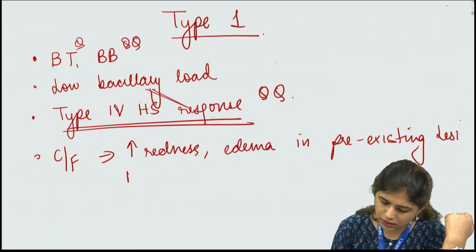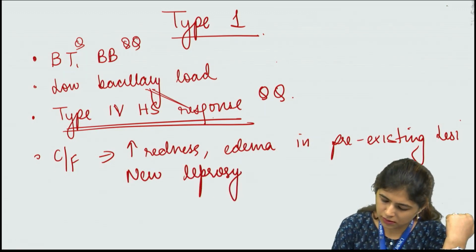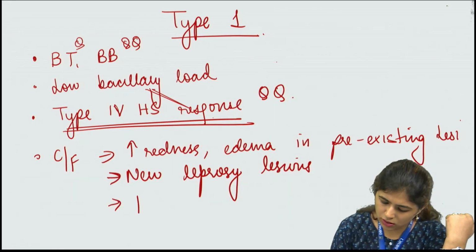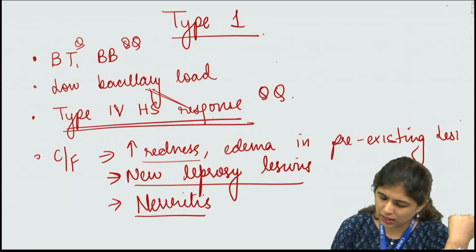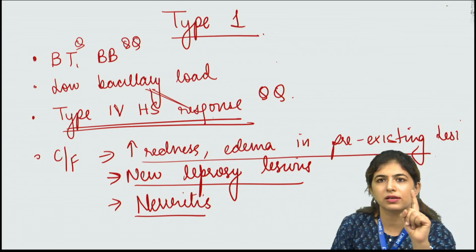Along with that, new leprosy lesions and a lot of neuritis. These are the three most important clinical features.